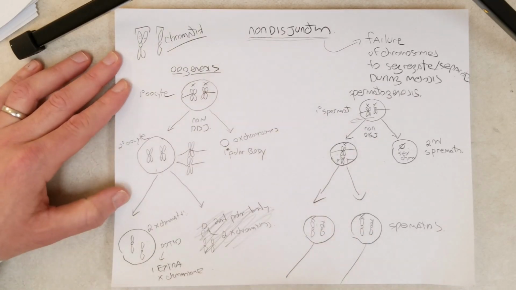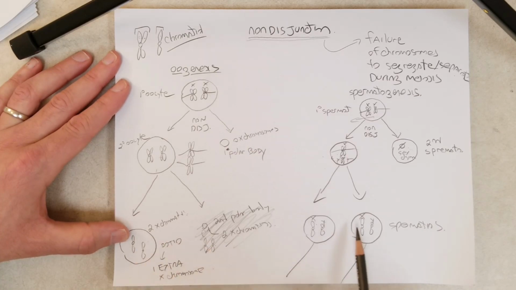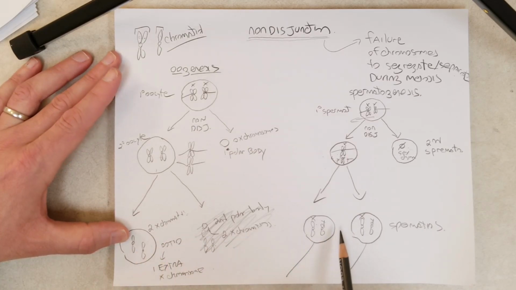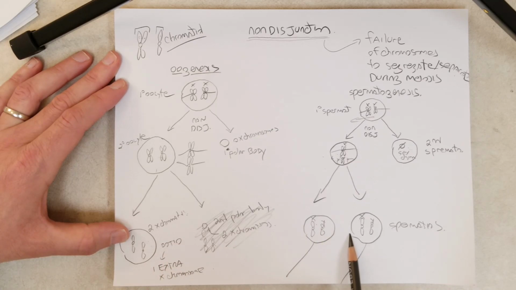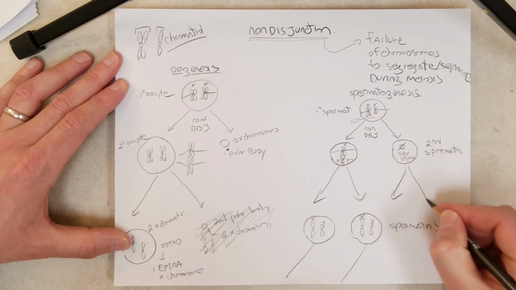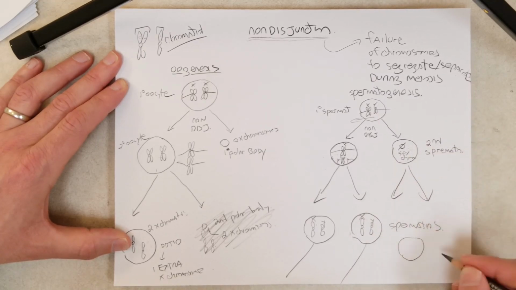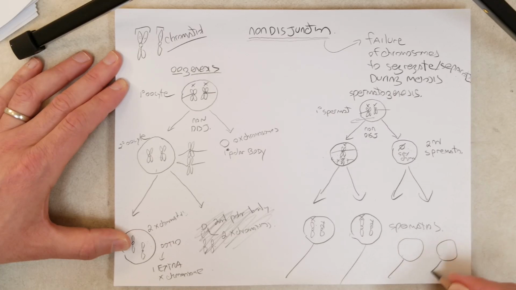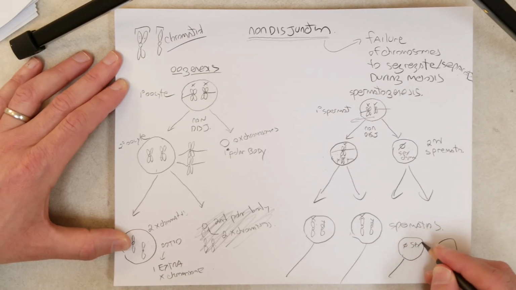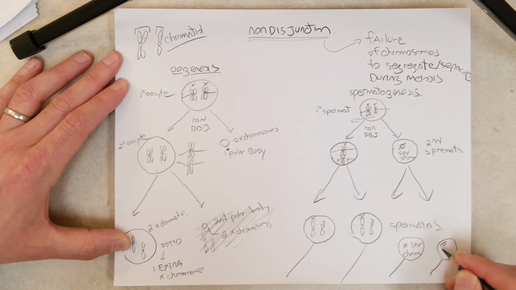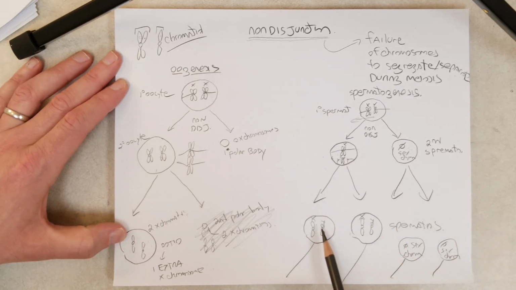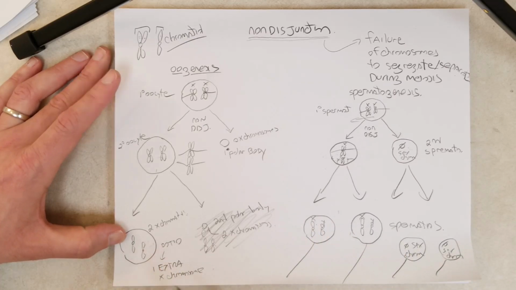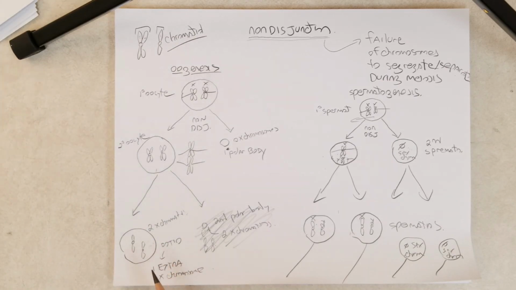And I just went over 2 examples here, but you can get many different combinations of X chromosomes and Y chromosomes in the spermatids during spermatogenesis. Now keep in mind, you have to follow those all the way through too. And these are going to be sperm with no sex chromosomes. So you can get very many different combinations of X's and Y's in spermatogenesis and many combinations of X's during oogenesis.